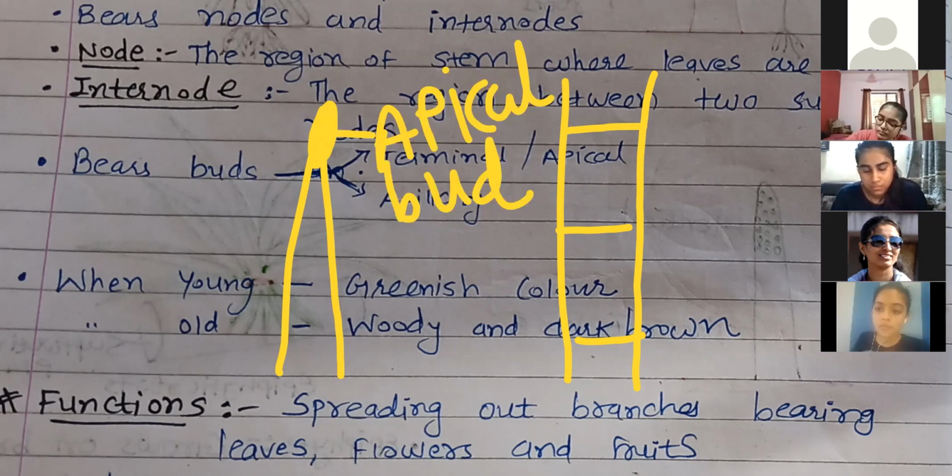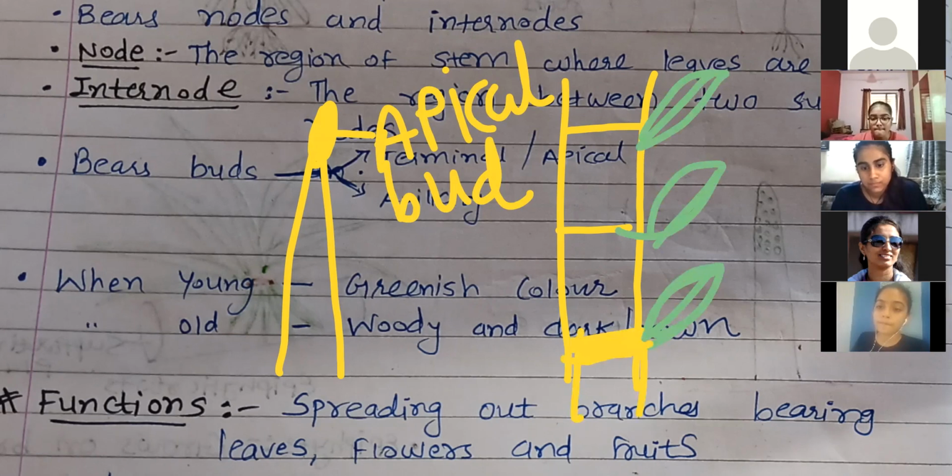Now, on a stem, leaves arise. So at which region exactly do leaves arise? Where nodes are present. Only at that point do these leaves arise, right? So this is the stem axis, the nodal region of the stem axis. Here the leaf is present. So at this angular position, here the angle is formed.